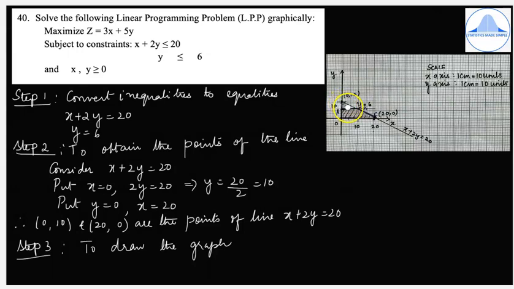Now mark from (0, 10) to (20, 0) a line, and you can extend the line, and on this line you can write the equation x plus 2y is equal to 20. The next line to be drawn is y equal to 6. On the y-axis you find 6, and from this point you draw a line horizontal to the x-axis such that it is touching the other line.